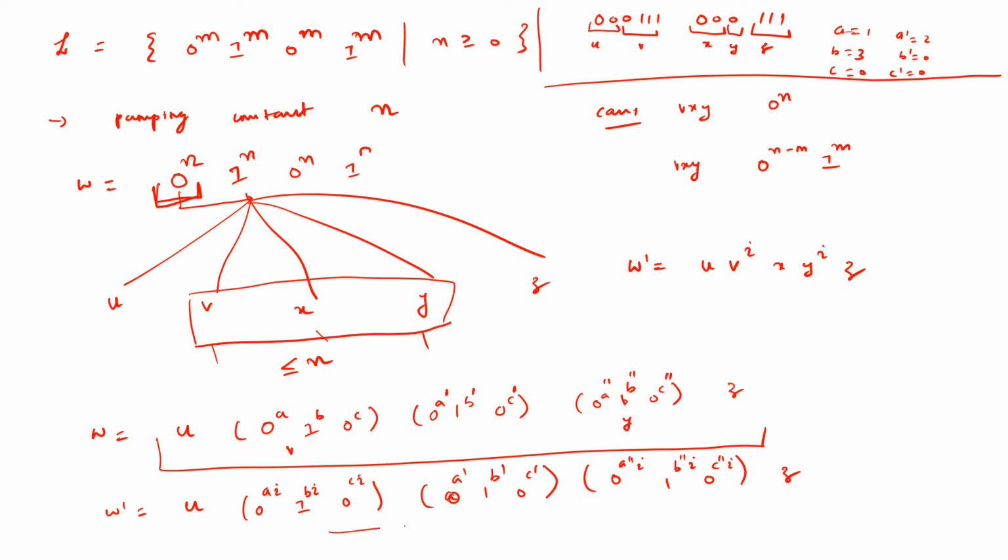So now if you pump, you will get this string. Now we have to take cases, instantiate the a, b, c values, and argue that we can construct a pumped string w prime that will not be accepted by the language, no matter what partition scheme you take.